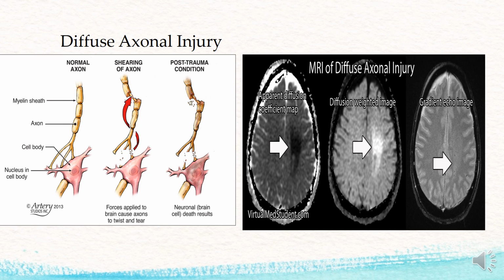And then our options for recovery would be creating possibly new synapses, new pathways, or learning ways to compensate for this injury. On the right, we've got the MRI, and we see those areas that I'm pointing out with the arrows of where the diffuse axonal injury has occurred.